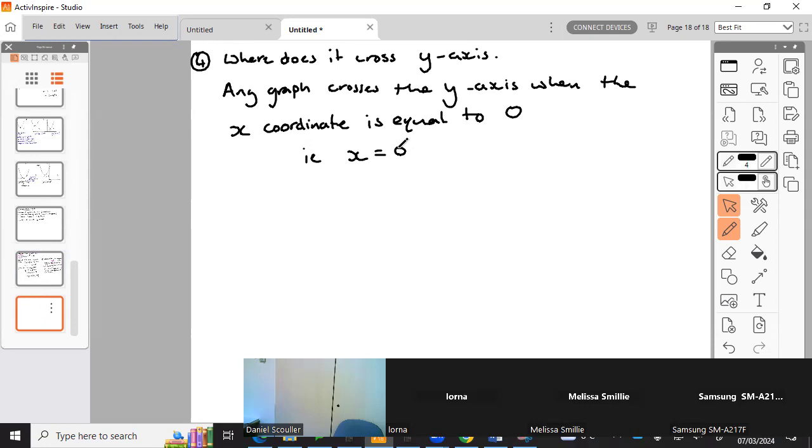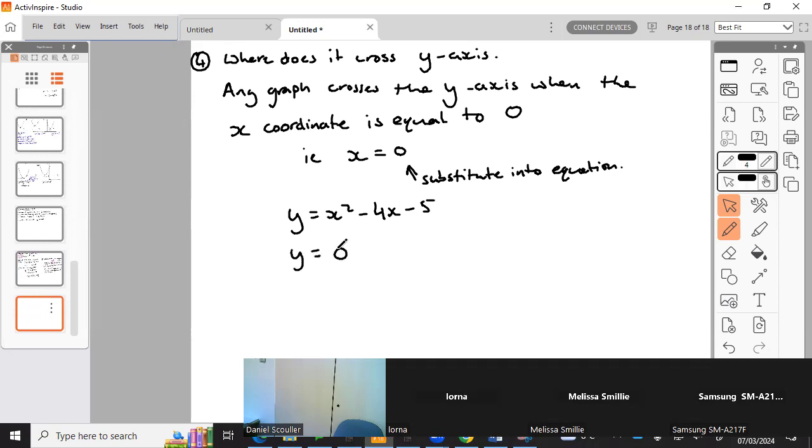Now we substitute that into our equation to work out y. So if our equation was y equals x squared minus 4x minus 5, we substitute in x equals 0 wherever we put an x.